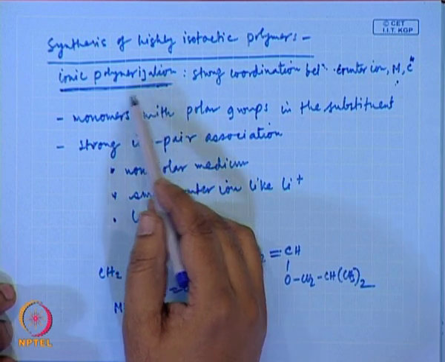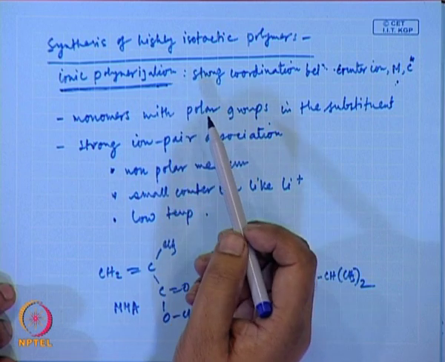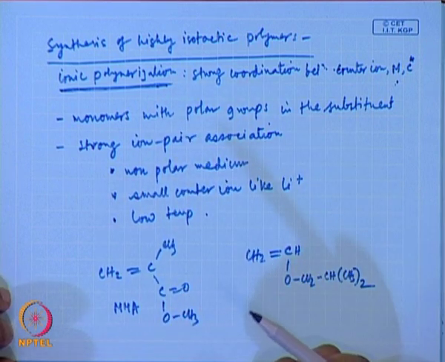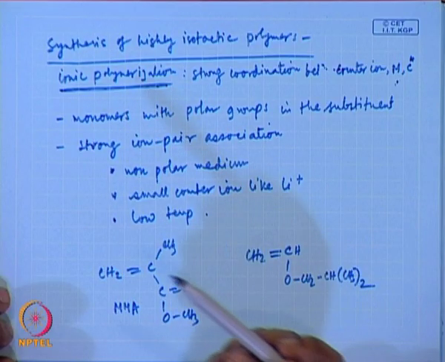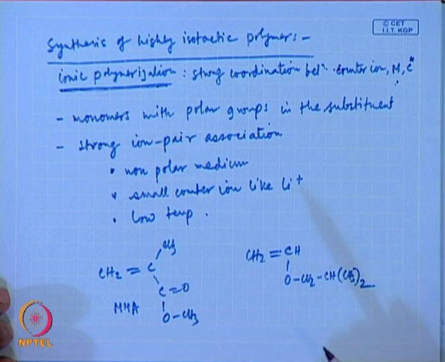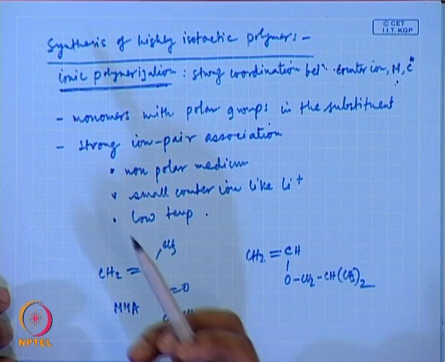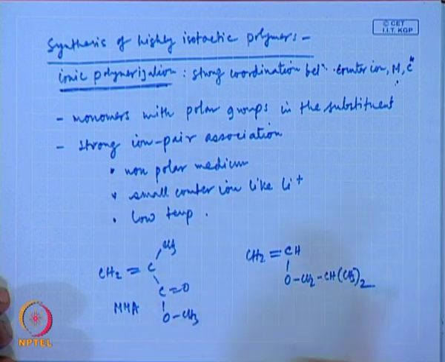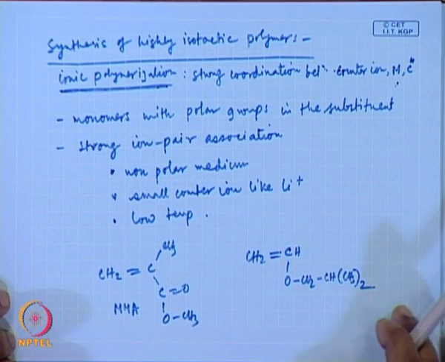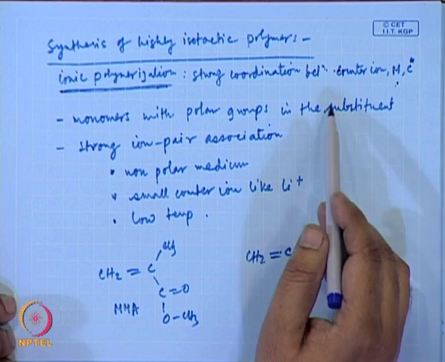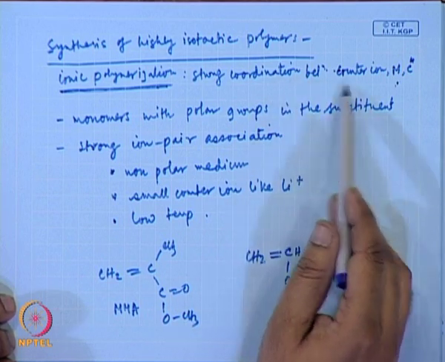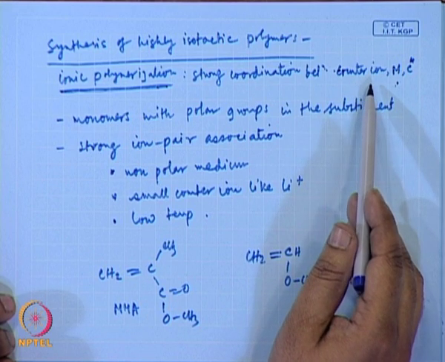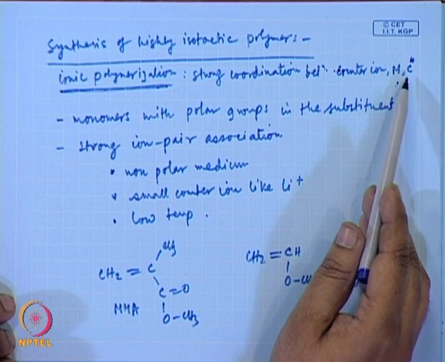If we have strong coordination between the counterion with the cationic or anionic chain end and the incoming monomer, then the approach will always be from the same side. So, we will get isotactic polymerization. Now, how do you create conditions where this strong coordination between the active chain end, the monomer and the counterion happens?